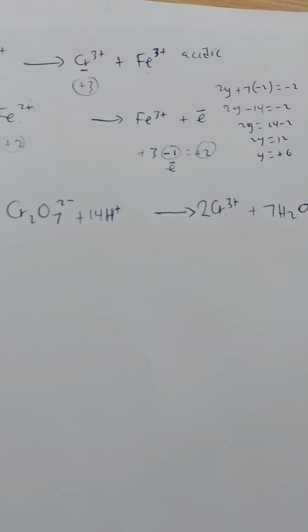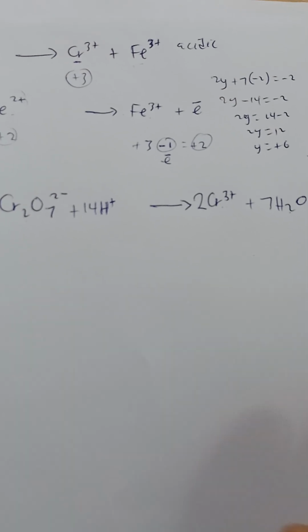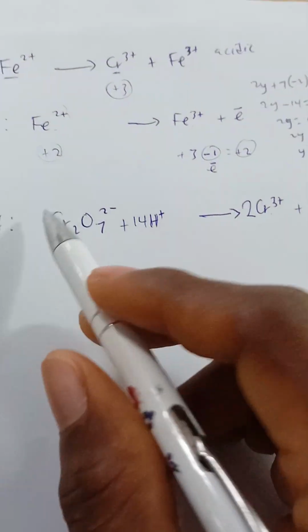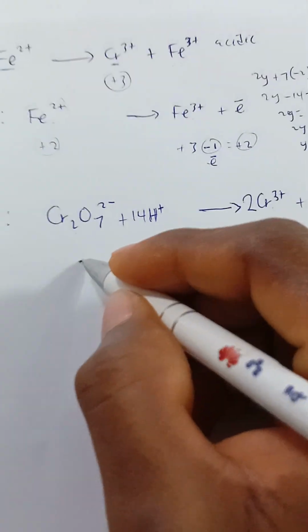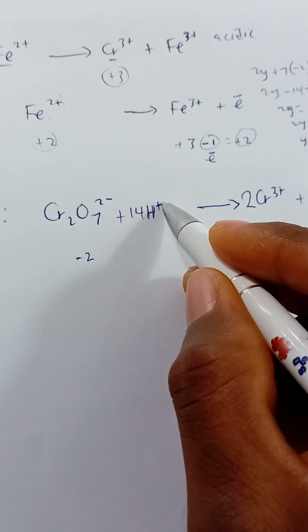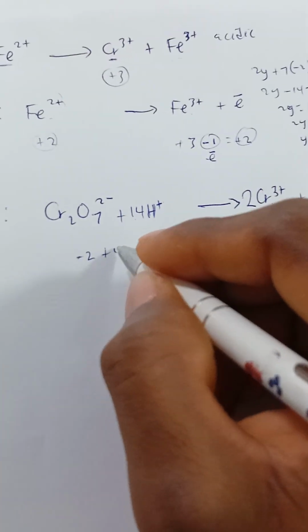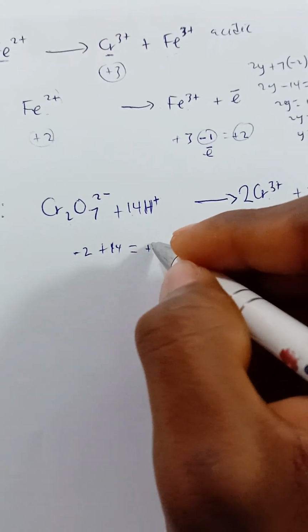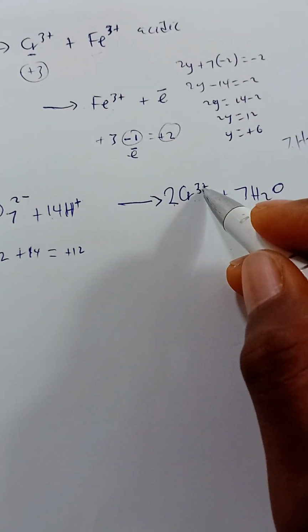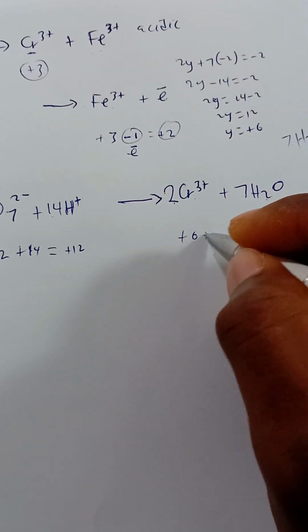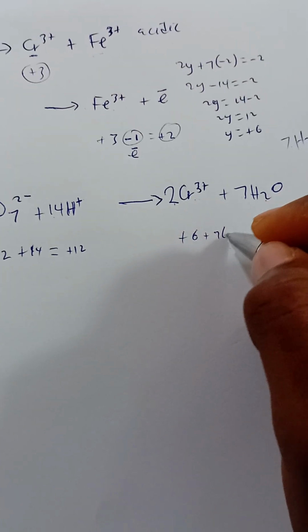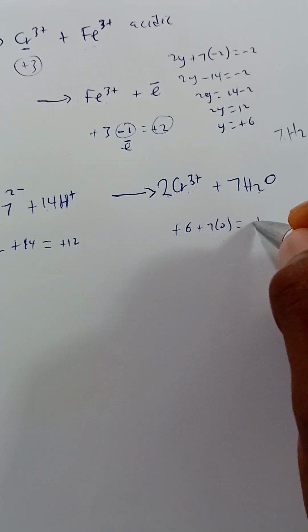So now oxygen and hydrogen balance. We have to balance the charges, isn't it? 1 by negative 2. We have negative 2. 14 times positive 1. So plus 14. Here we have plus 12. 2 by positive 3 is plus 6, plus 7 by 0. So we get plus 6.